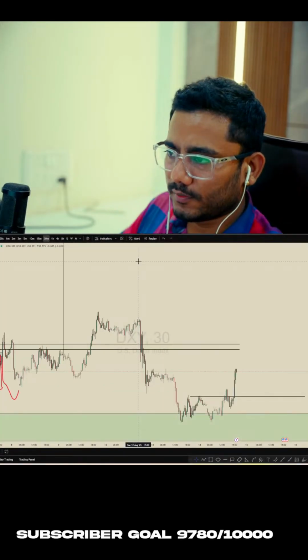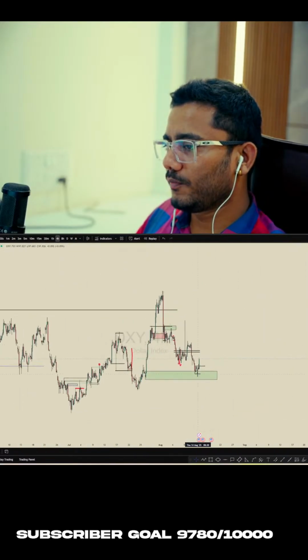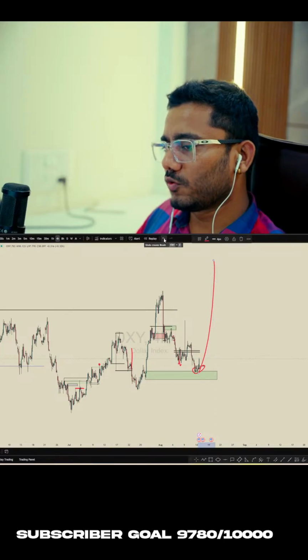If you look at DXY, price has tapped this 4 hour imbalance, like a 4 hour order block. And from here, this is where a move starts to the upside.